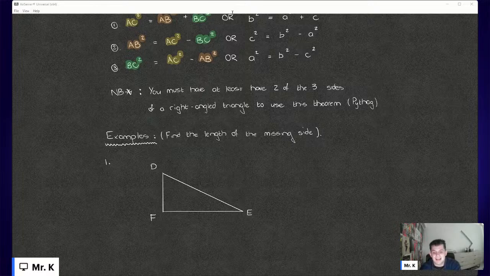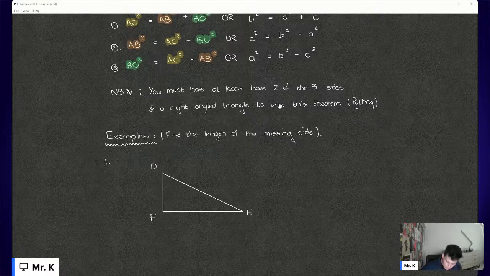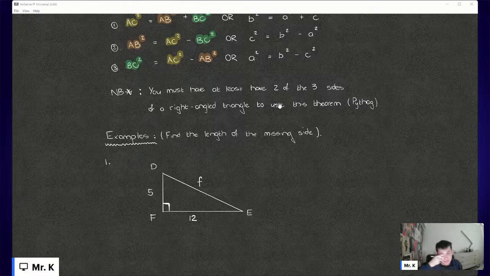In terms of the sides of this triangle, the longest side is what we want to solve for, so we'll call this F, the lowercase version of the angle that it is opposite from. And let's say, for example, we have a side that is 5 units tall and 12 units long, right? We want to find the length of the missing side, grade 8s.